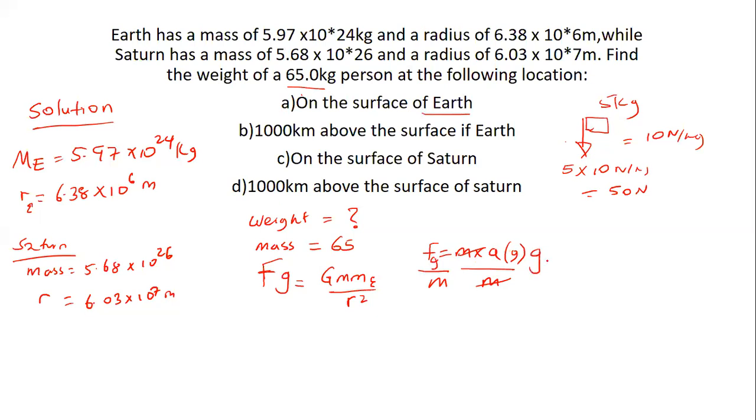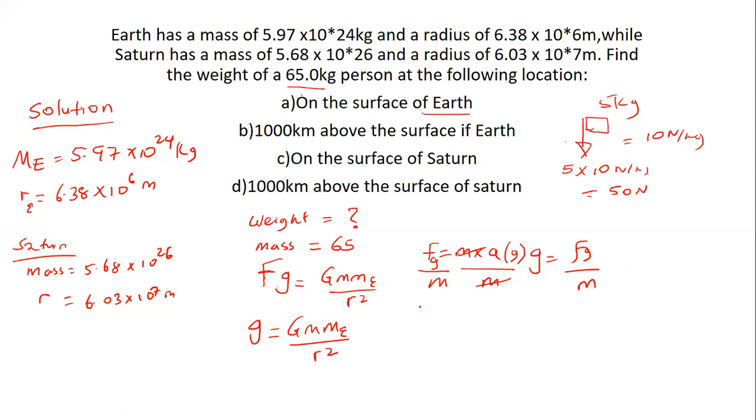So acceleration due to gravity is going to be Fg over m. You get what I'm saying? And remember that Fg is the same as G M E m over R squared, so you plug in that in place of Fg. So you would say g equals G times mass 1, mass 2, over R squared.